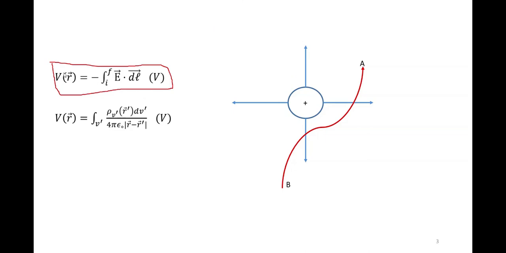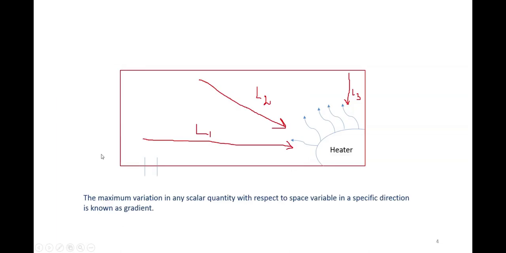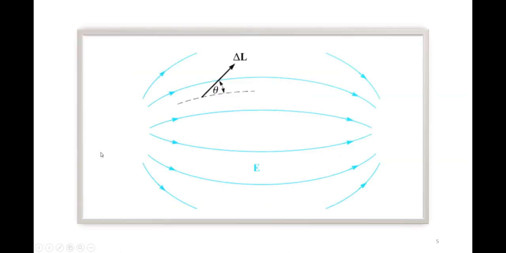To convert this expression from integral form to differential form, let us consider a region that is occupied by streamlines. The streamlines originate from an unspecified source on the left side and terminate on an unspecified source on the right side.